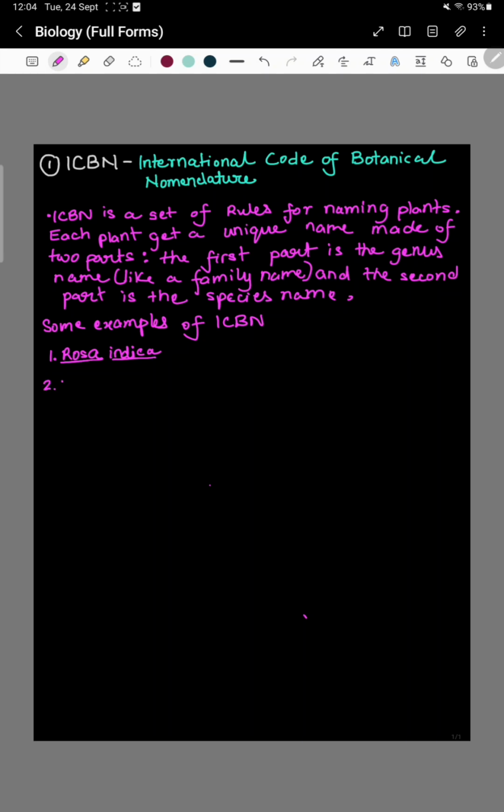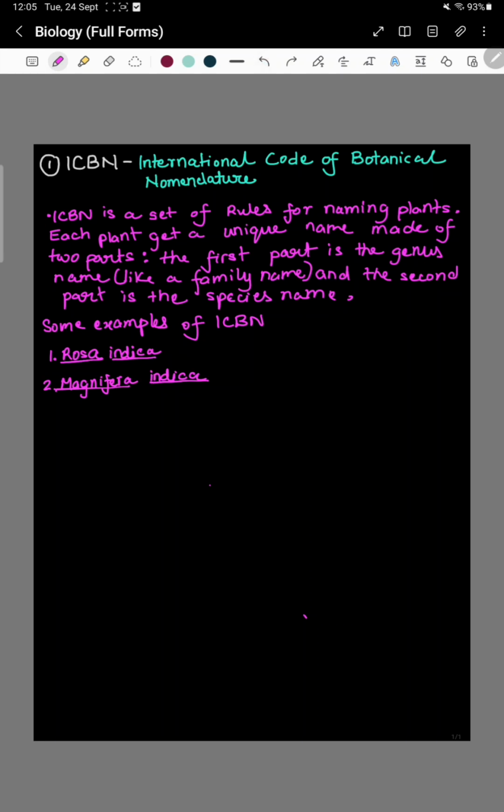Similarly, Mangifera indica. Got it? In Mangifera, the M will be capital, the first part, and in indica the i will be a lowercase letter.